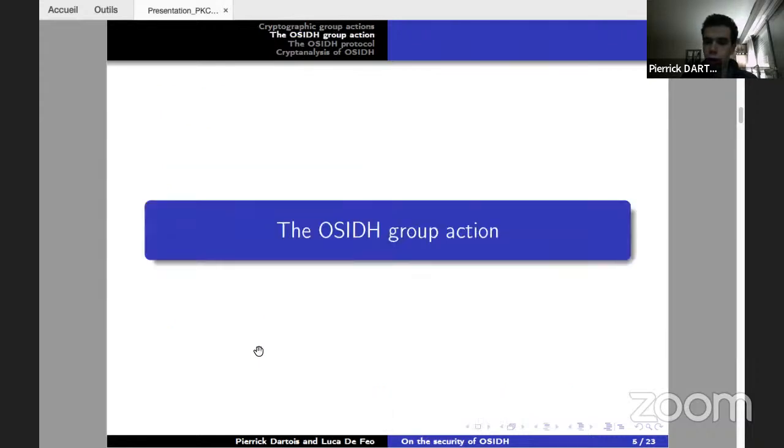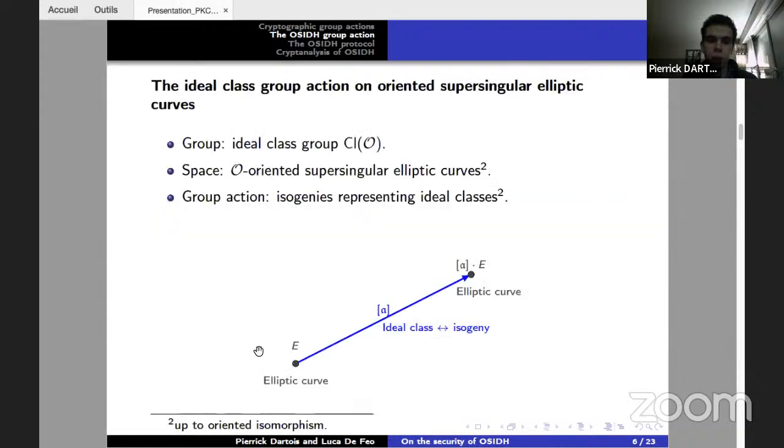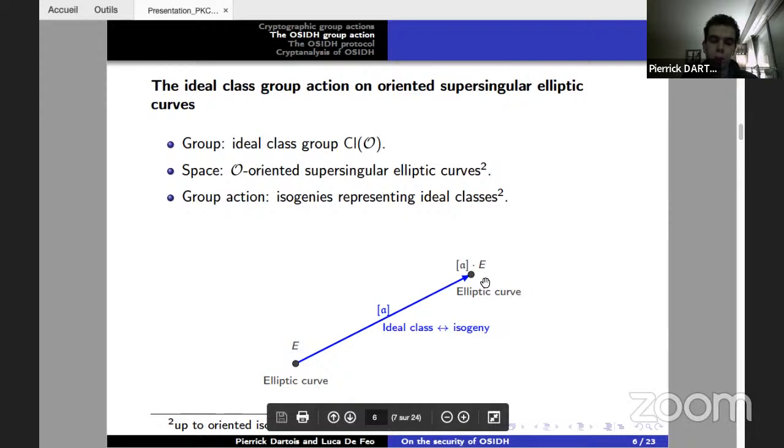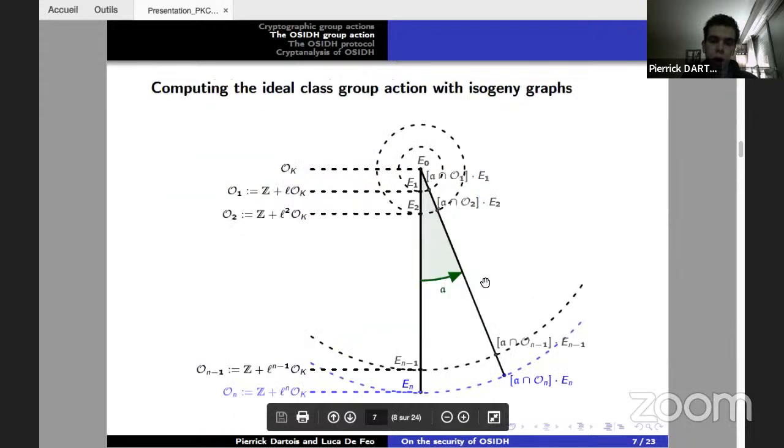So how does it work for OSIDH? For OSIDH, we act with the ideal class group of a quadratic imaginary order. The space will be the space of O-oriented supersingular elliptic curves, and the group action will be given by a correspondence between ideal classes and isogenies between those oriented elliptic curves.